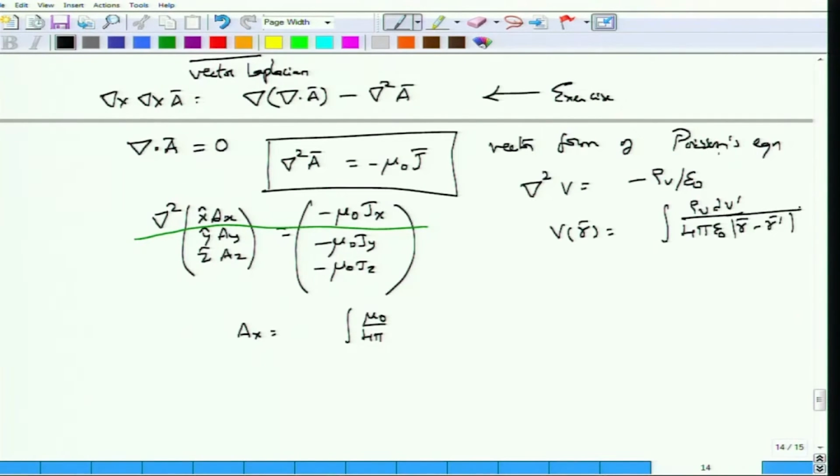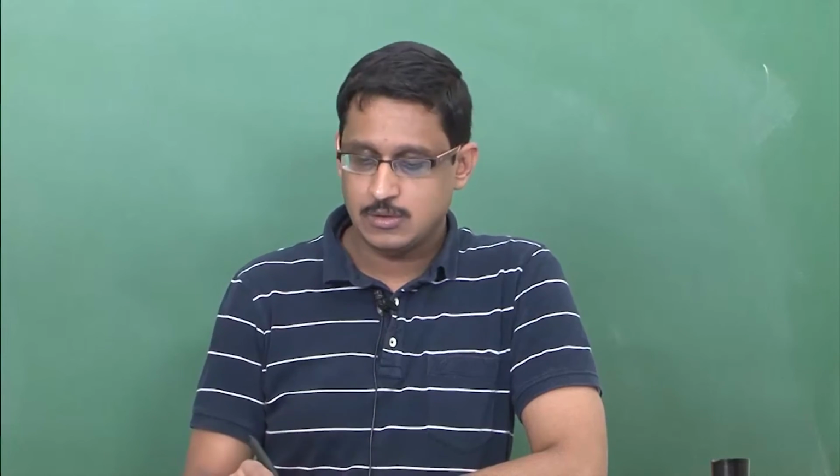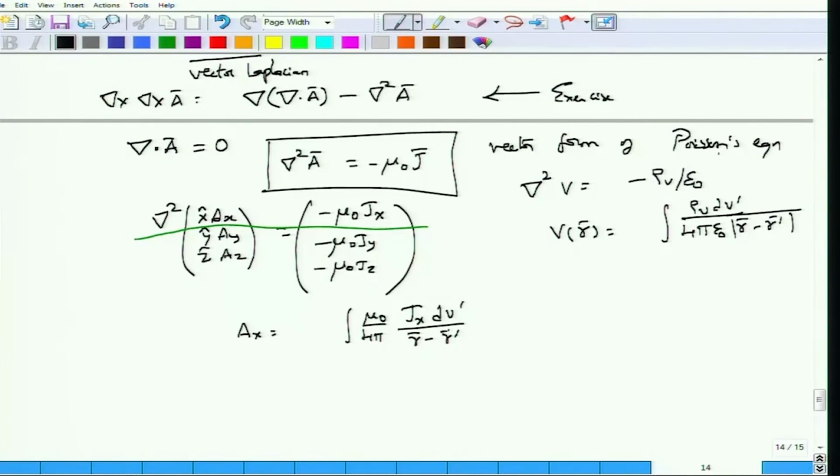So this epsilon 0 is sitting in the denominator, but here mu 0 is sitting in the numerator, therefore you write down this mu 0 in the numerator and everything else will be the same. So you have Jx, and in the most general case it would be a volume integral, divided by the magnitude of r minus r prime.